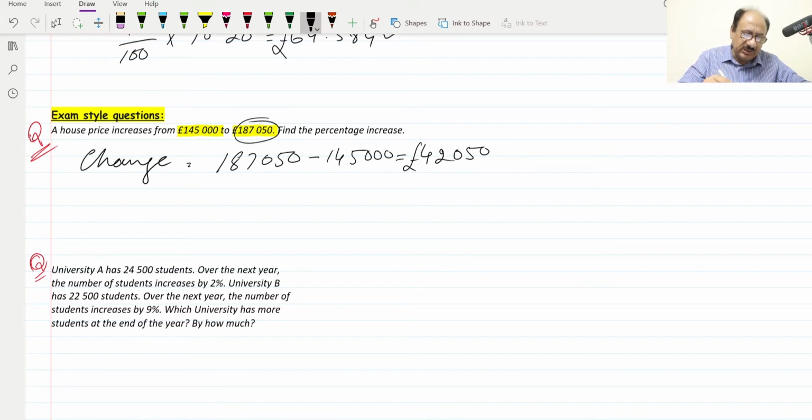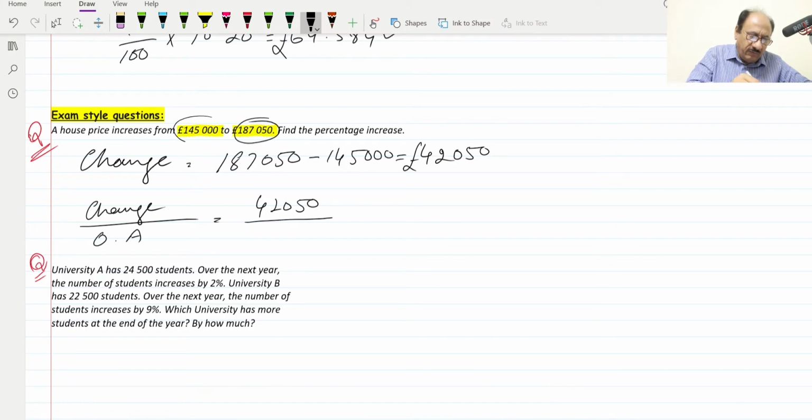Now this is change, and we know the formula: change divided by the original amount. So 42050 divided by the original amount, 145000, and this will be multiplied by 100. So we have to multiply by 100, and this will be the percentage.